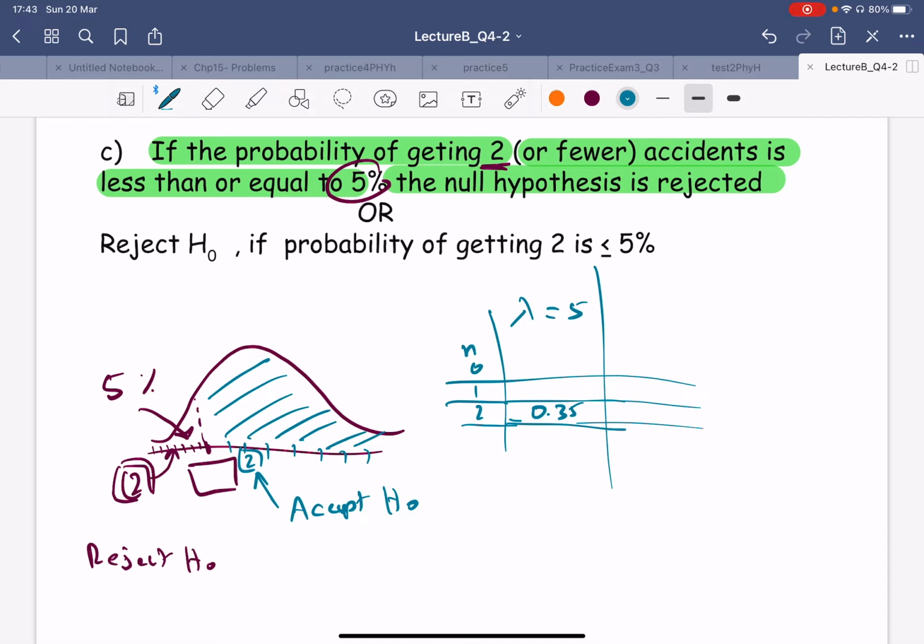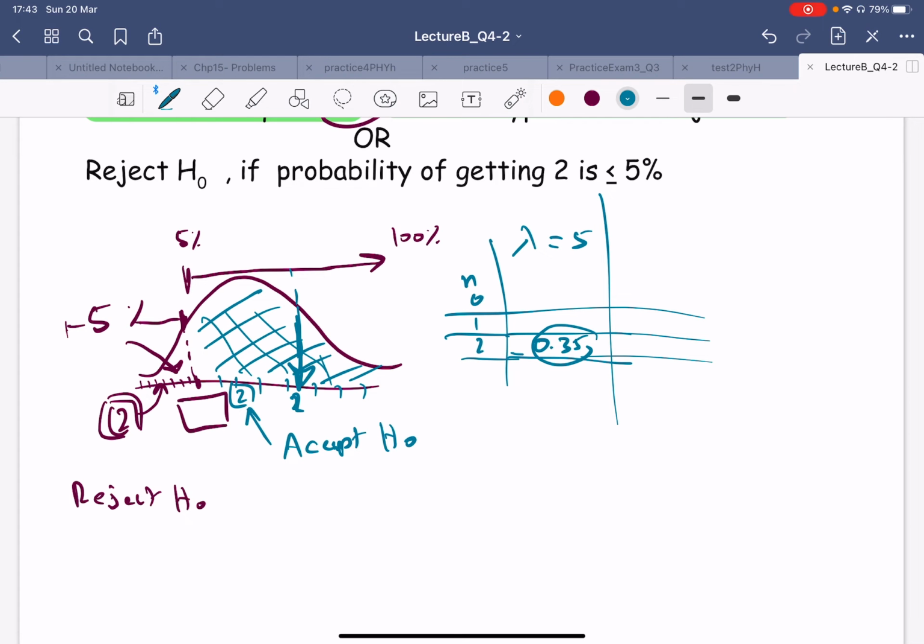So I know 0.35, if this is 5%, this will be 6% onward, because this is going to be 5% up until 100%. So I know that the 35% is somewhere here. This region is 35%. It's pointing to 2 here, which means that if it's in the blue zone, I will just say accept H null.